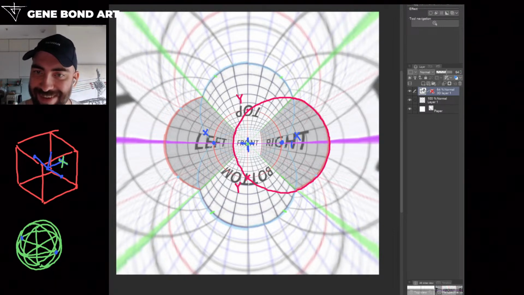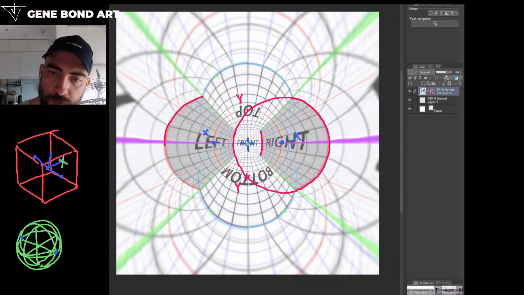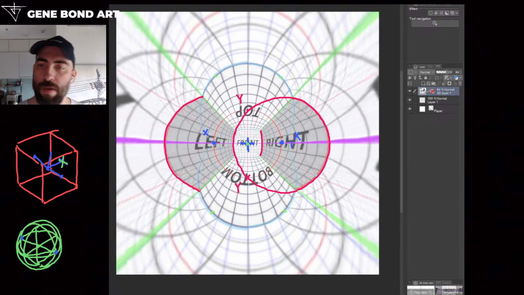See, and the same with this right front corner and left rear corner, again going through the top vanishing point of the y-axis and the bottom vanishing point of the y-axis.